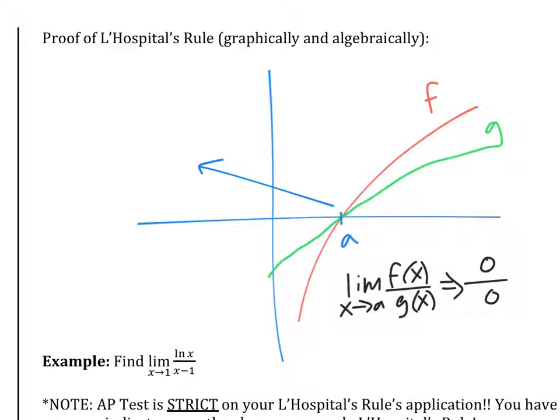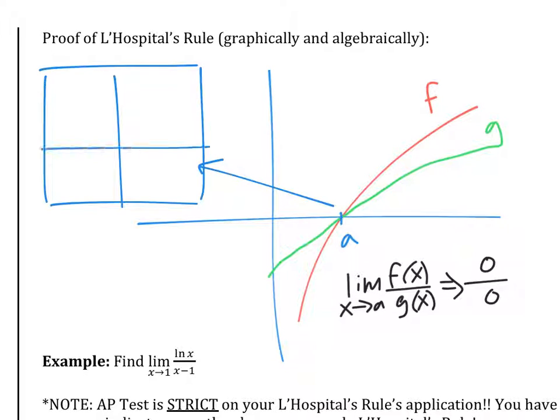Okay, so recall this part, I'm zooming in on the A part. I zoom in so much that this part looks almost like a straight line. Remember in chapter 3, local linearity: we zoom in so much that it pretty much looks just like a straight line.